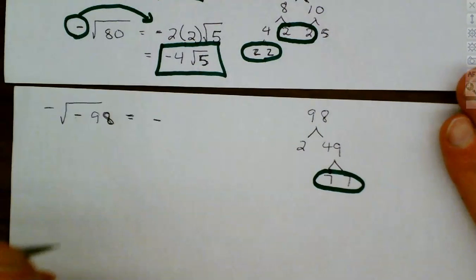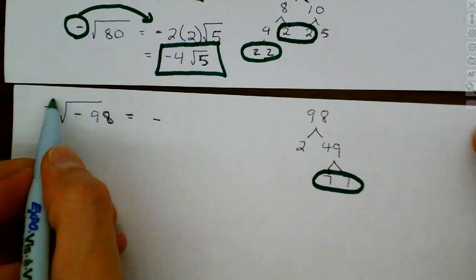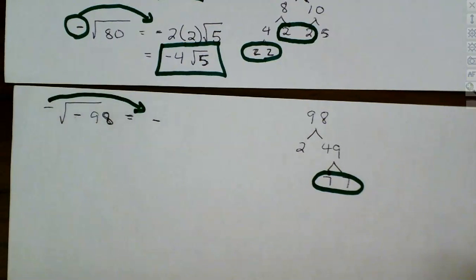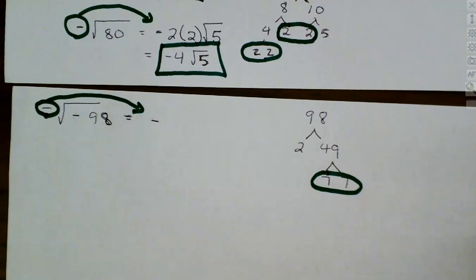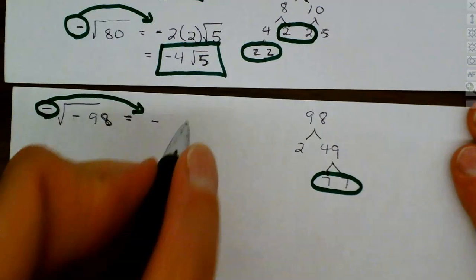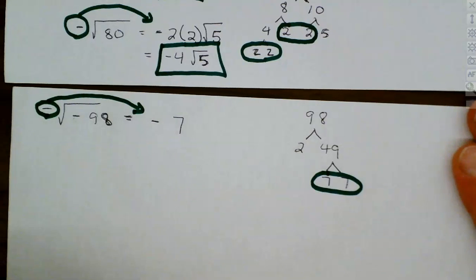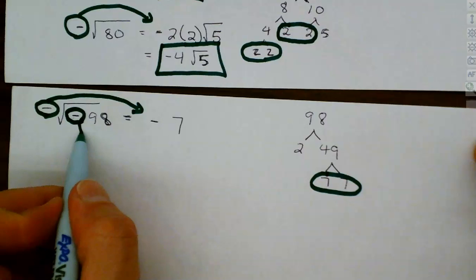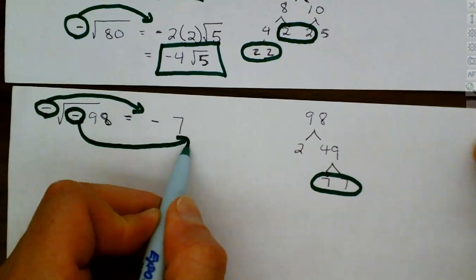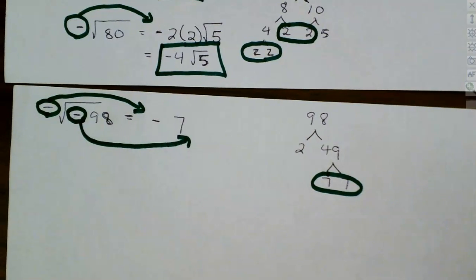We bring the negative out in front along with it. So that's where this negative goes, out in front. We have a 7 out in front. Now, we have an i outside. Why? Because there is a negative underneath the root. So that's going to be a negative 7.